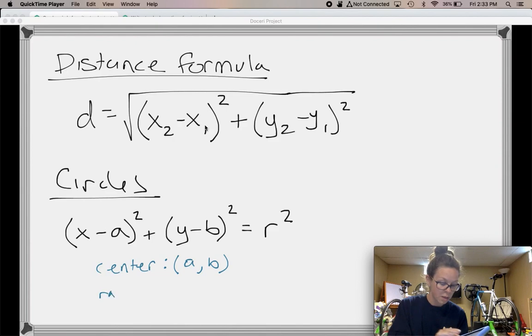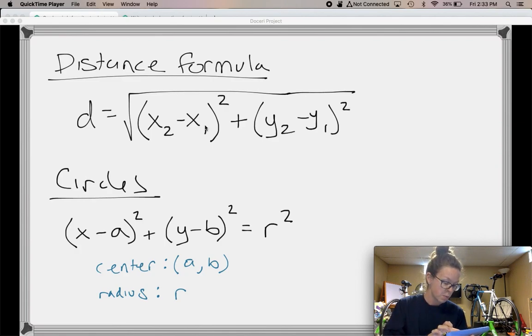And then the other important thing about a circle is its radius, and the radius is going to be r. Notice that the equation is r squared, so we're going to end up needing to take a square root to find what the radius of this circle is. Okay, so let's look at some examples of both distance and circles.